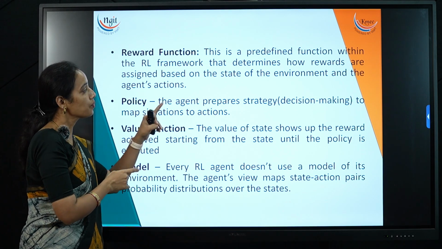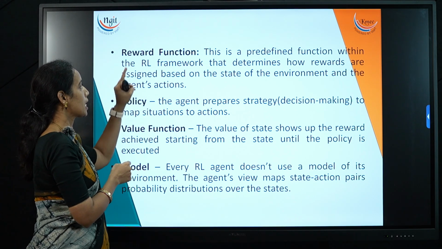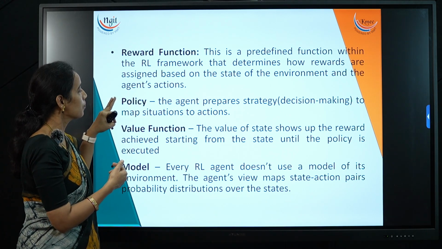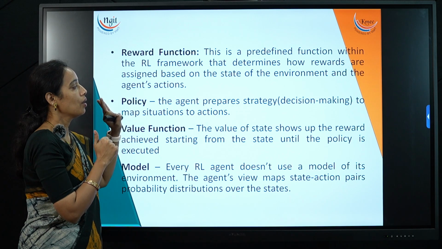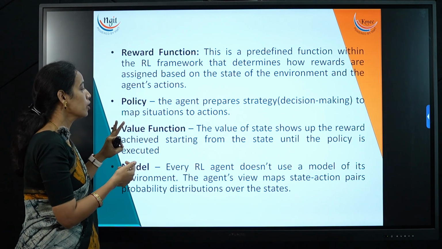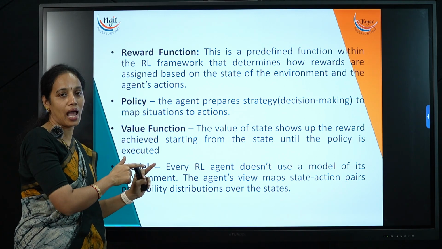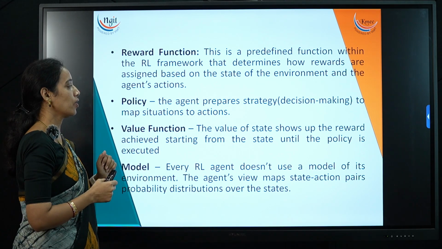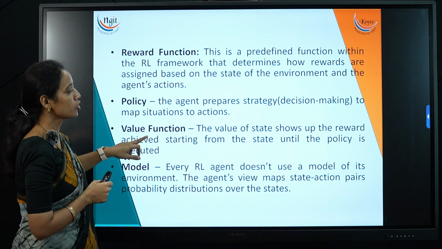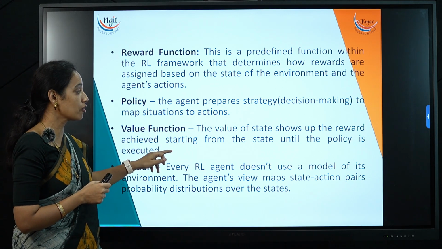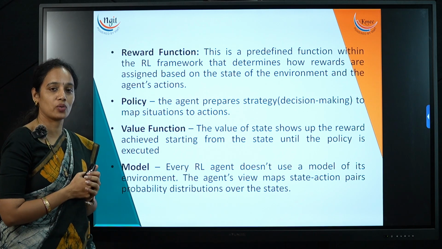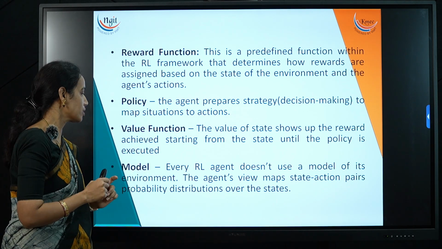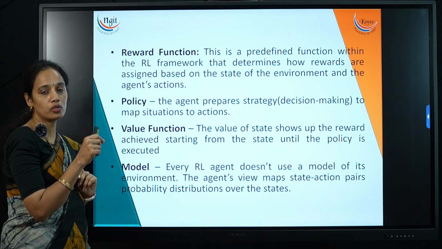Policy is a strategy, a decision making that maps situations to actions. One more important one is the value function: the value of a state shows the rewards achievable starting from that state until the policy is executed.